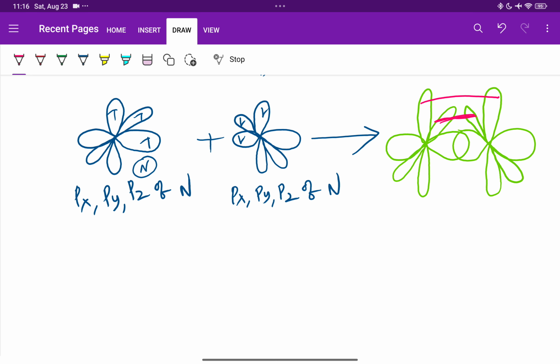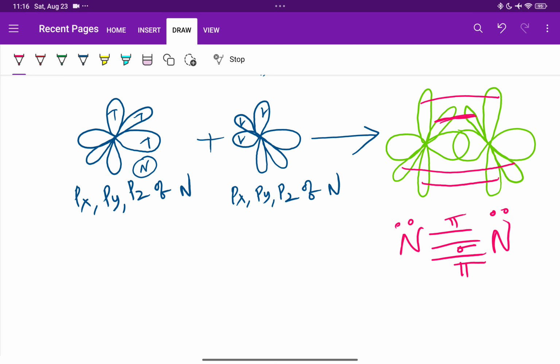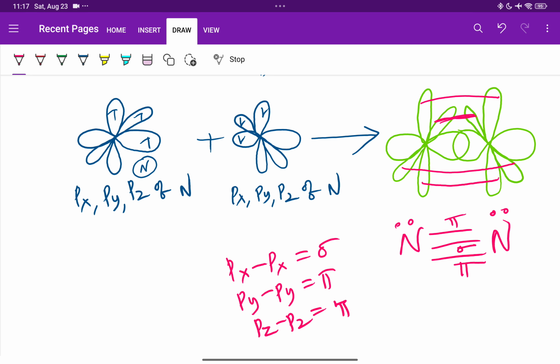You have to show the overlapping along the nodal plane, above the internuclear axis and below the internuclear axis. So here 2 times. It looks like 3 bonds. This is sigma, this is pi, this is pi. So px gives you sigma, py gives you pi, pz gives you pi. So 1 sigma bond, 2 pi bonds in the N2 molecule, and this is the orbitals overlapping in N2.